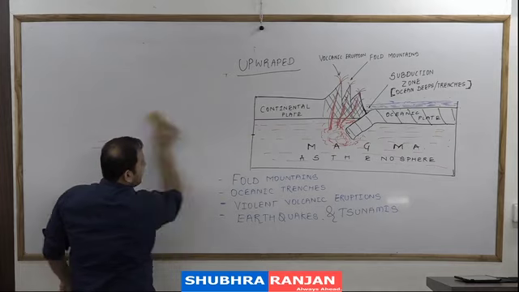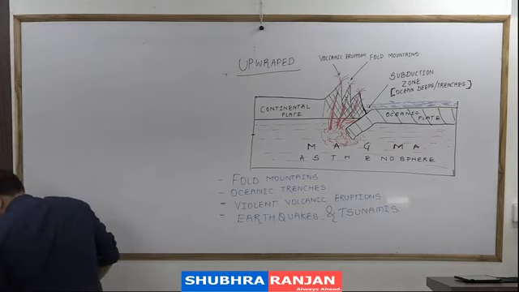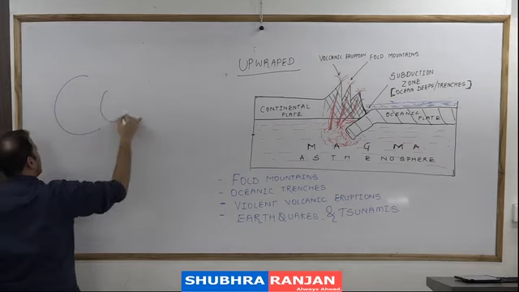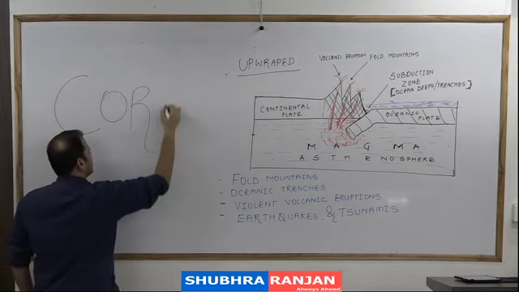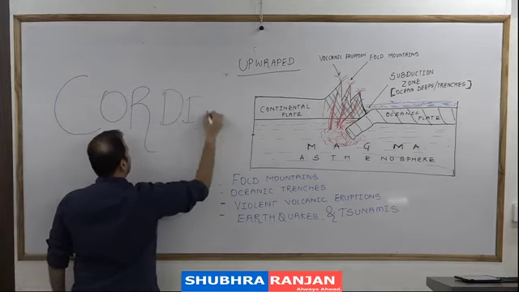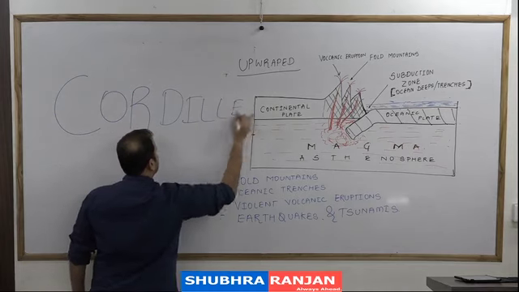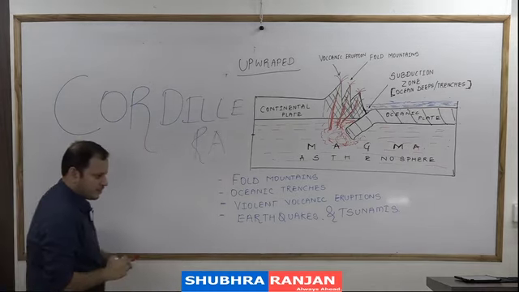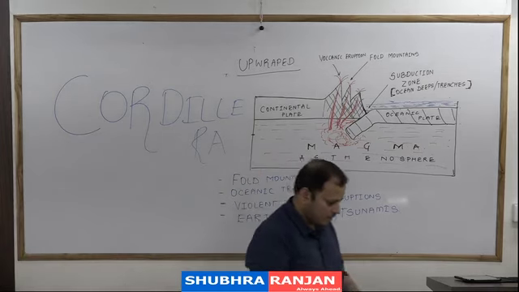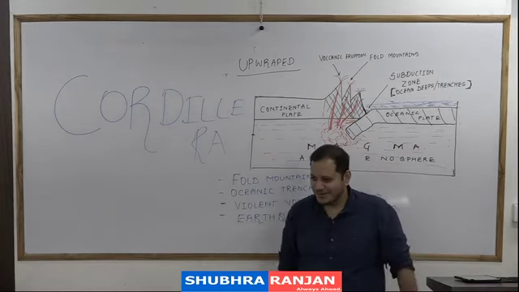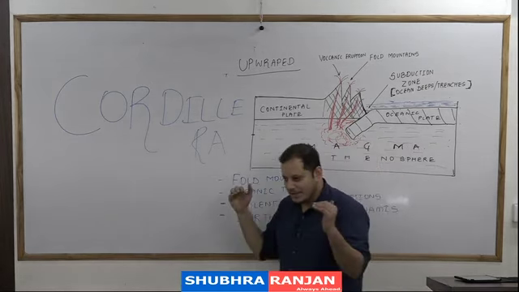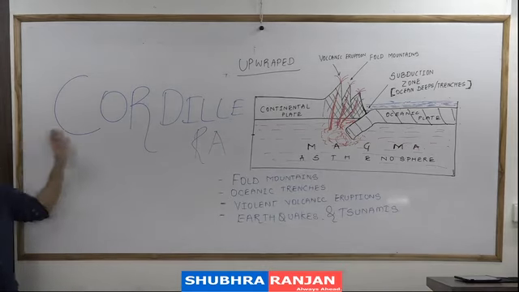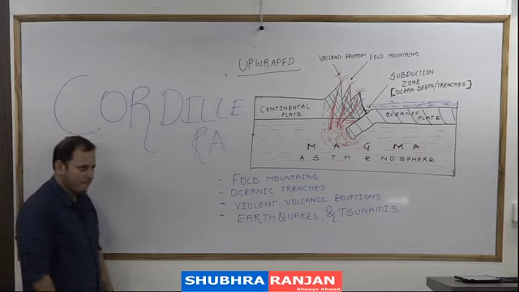Generally, continent ocean collision gives rise to the Cordillera system. एक ही स्टेटमेंट है, एक ही वर्ड है ये, Cordillera system.